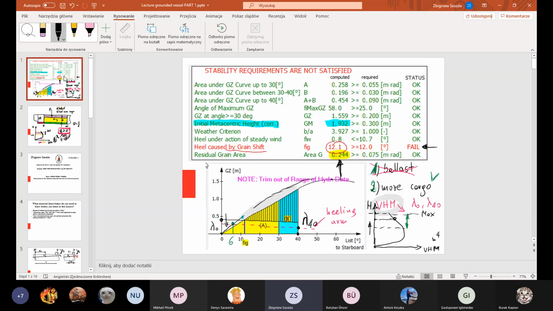I really encourage you to make your own hand calculations. If you didn't manage to complete them during labs, do it and compare your private results with the computer program, just to gain experience and additional skills to calculate different parameters of stability.